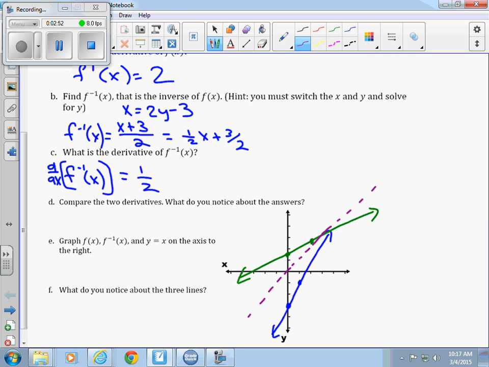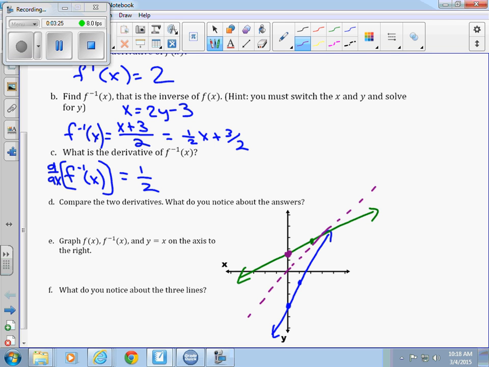Would you agree that we should be able to tell something about the slope of the inverse based on the slope of the original? The only problem is, this one's easy because the slope doesn't change anywhere on this graph, right? If I want to compare this point right here, the point (0, 3/2), and the slope at the point (0, 3/2), what is the equivalent point on the inverse? (3/2, 0), right?